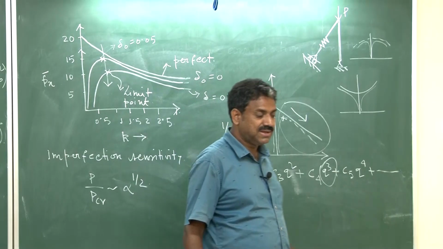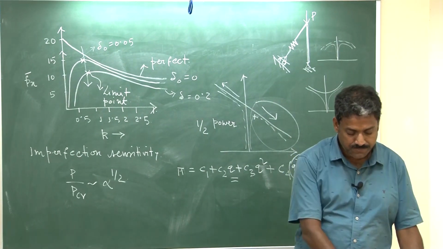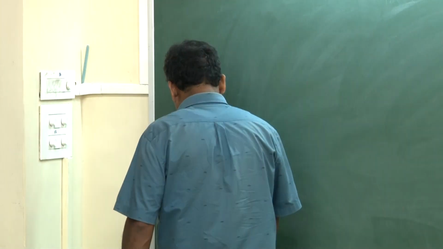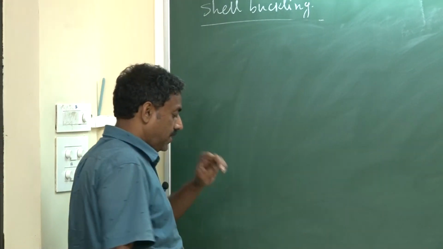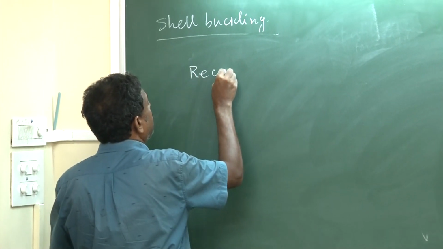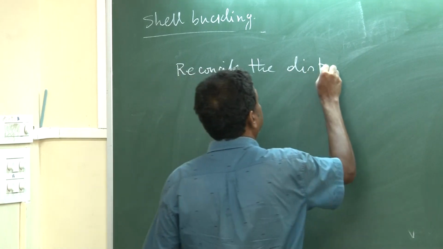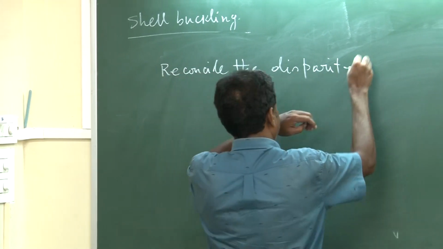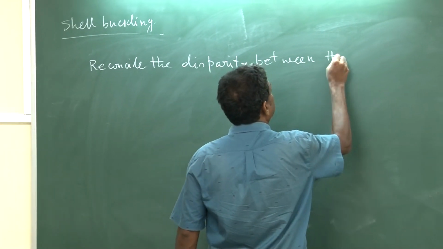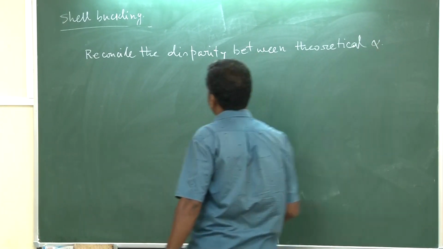Now, I will explain some more stuff, but it is mostly qualitative. What happened is that if you do an experiment, in order to reconcile the disparity between theoretical and experimental load.